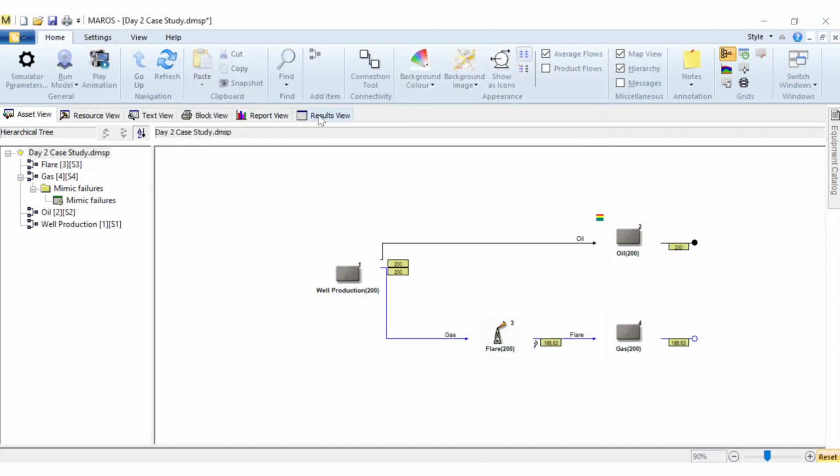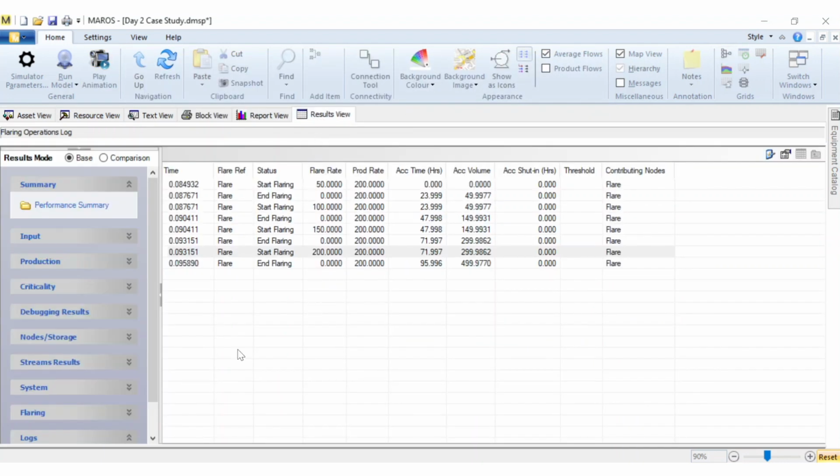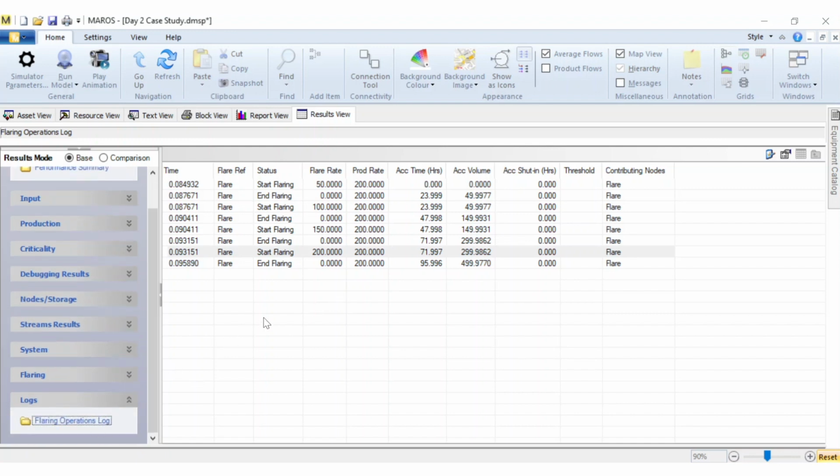This is evident in the flaring operations log. The amount of gas flared corresponds with the varying capacity loss carried by the schedule activities set up earlier.